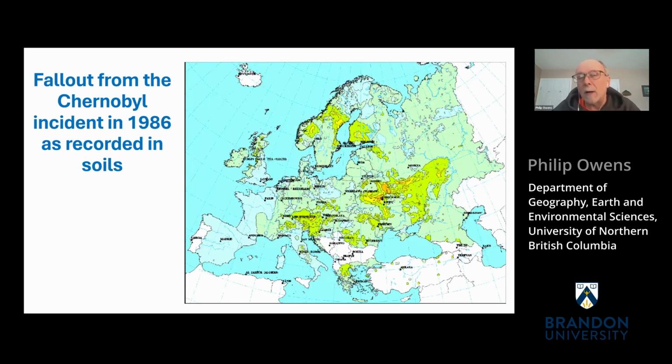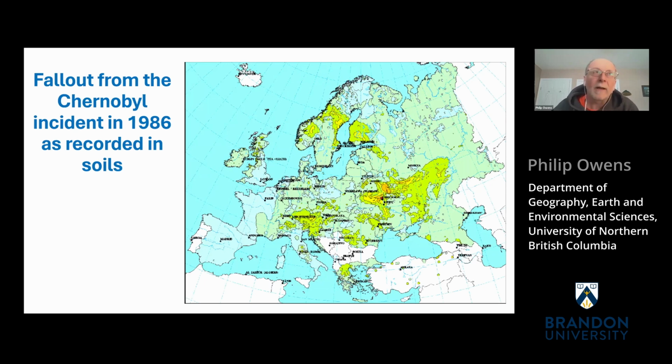And another example of how some contaminants released into the atmosphere can affect a region specifically, as opposed to the planet globally, is the Chernobyl fallout, or the Chernobyl nuclear incident that occurred in 1986 in Ukraine. Many of you are probably familiar.